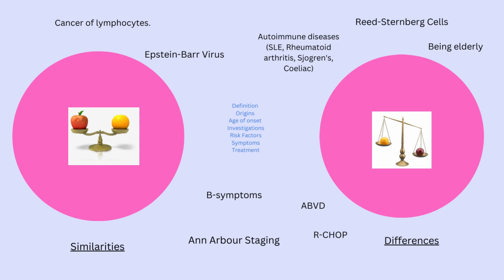Another key difference is the age of onset. Non-Hodgkin's lymphoma tends to have a later onset and presents more in the elderly, so over 80s. B signs are a similarity of Hodgkin's and non-Hodgkin's lymphoma. This includes unintentional weight loss, fever, night sweats, as well as lethargy.